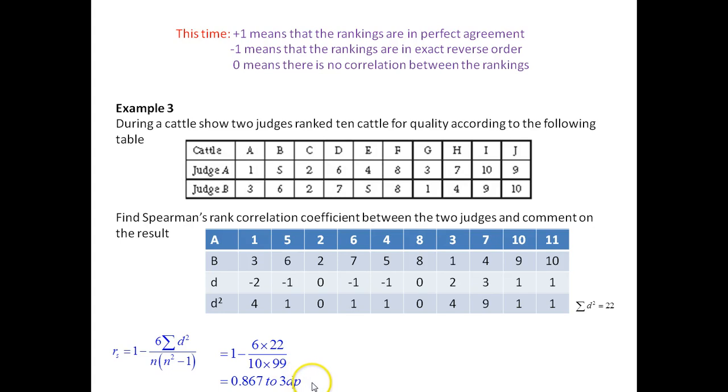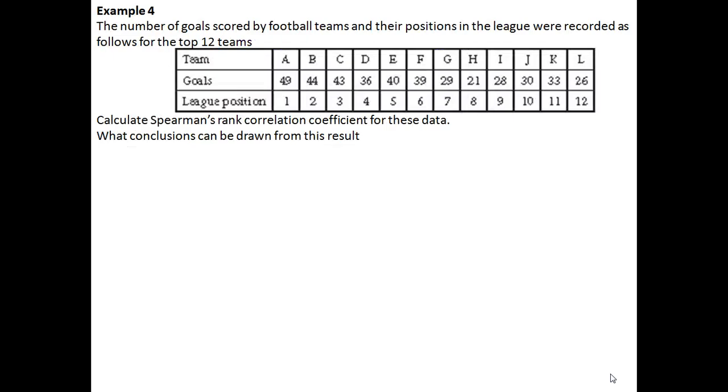And that gives us 0.867 to 3 decimal places. So there's a reasonable degree of agreement between the 2 judges. We're talking about decisions of 2 judges. So that's an example of Spearman's rank correlation coefficient.